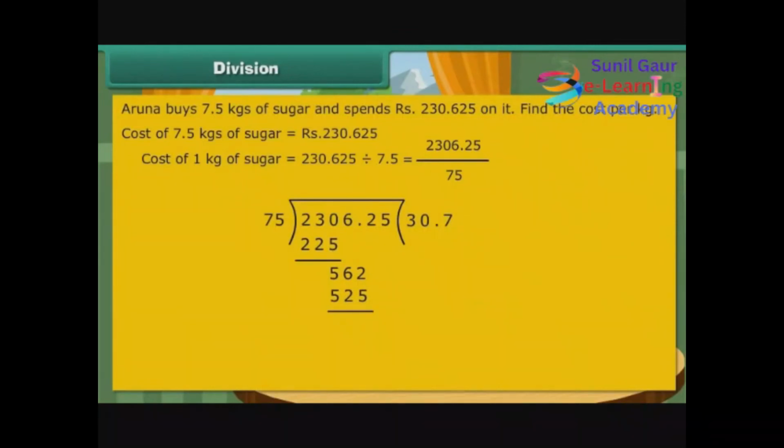Subtract and write the difference, 37 below. Bring 5 down. The new number formed is 375. It holds 5 times 75 exactly. Write 5 to the right of 7 and 375 beneath 375. Subtract. As the difference is 0, write a cross to mark the end of the division operation. Therefore, the cost of 1 kg of sugar is rupees 30.75.